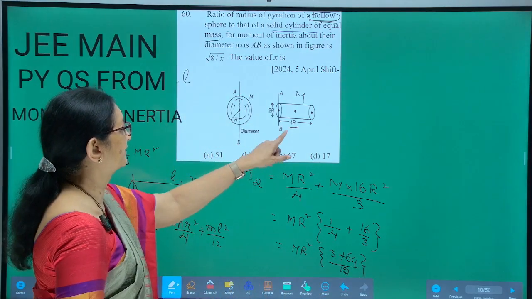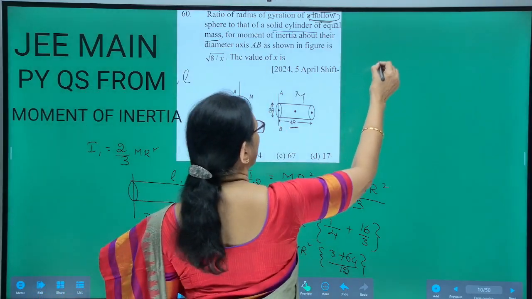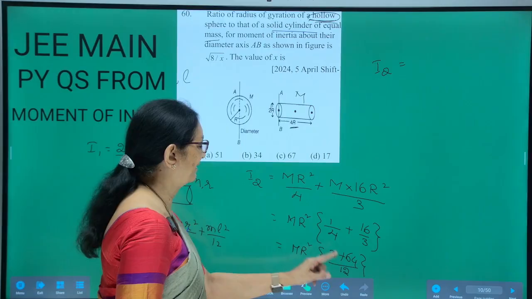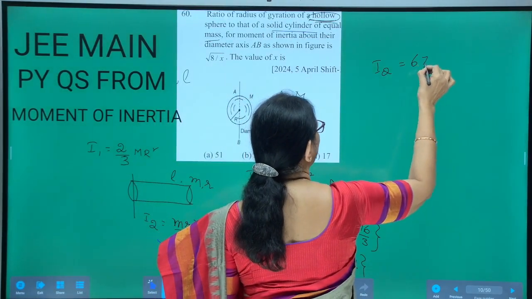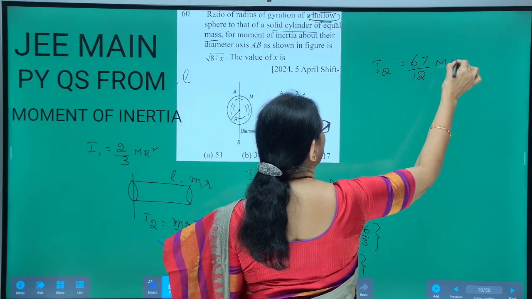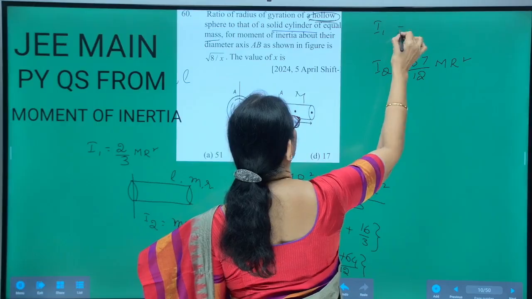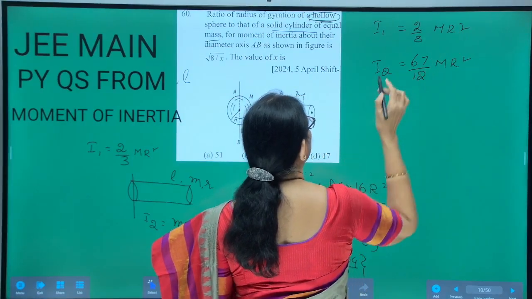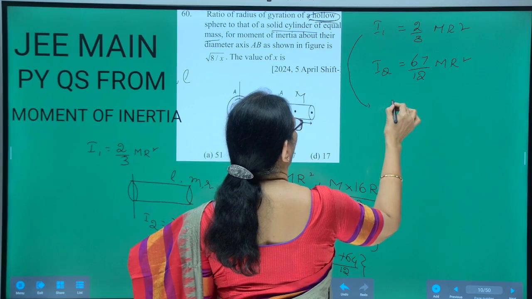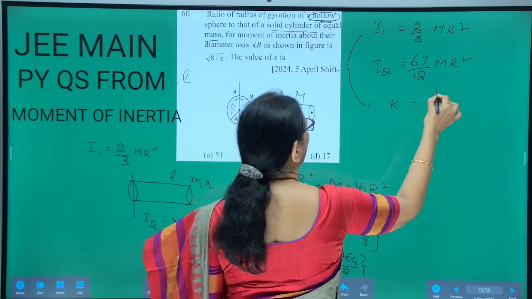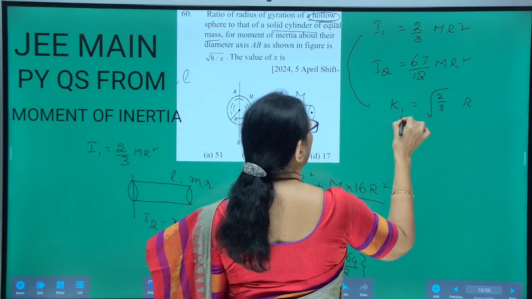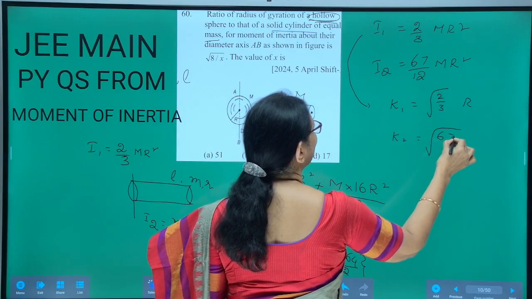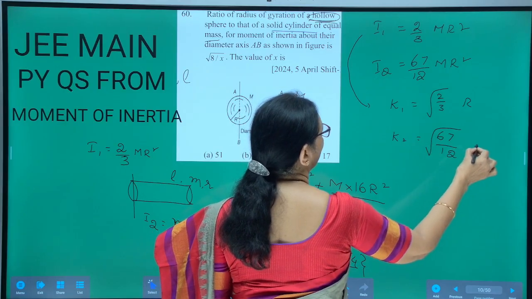So, the moment of inertia of the solid cylinder about this axis, I2, becomes 64 plus 3, 67 by 12 mr square, and the hollow sphere moment of inertia is given as 2 by 3 mr square. So, the radius of gyration for the hollow sphere is square root of 2 by 3 r, and for this cylinder about that axis shown, it is square root of 67 by 12 r.